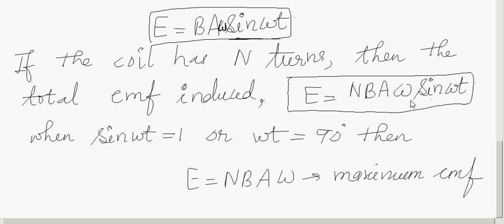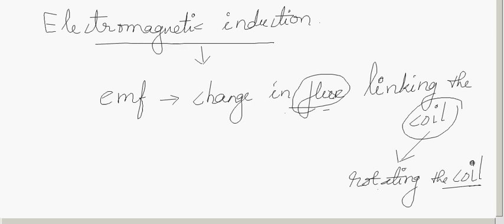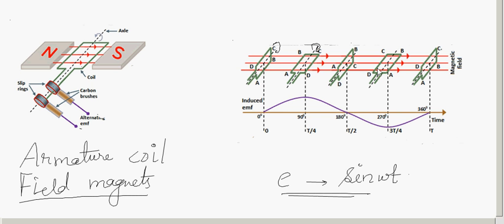This is the case when the plane of the coil is parallel to the field B. I can show you in this picture. When the plane of the coil is parallel to the magnetic field, maximum EMF is induced, because when it is rotated, the change in flux is maximum, and E is proportional to d phi by dt.